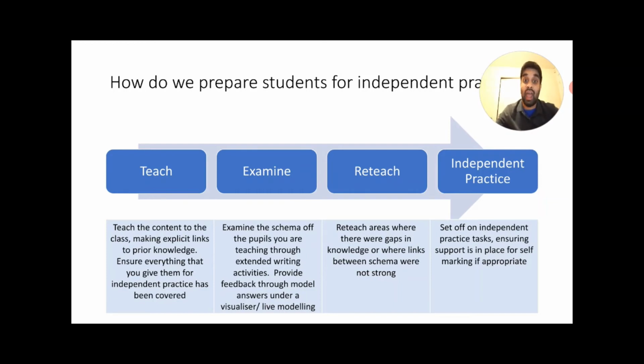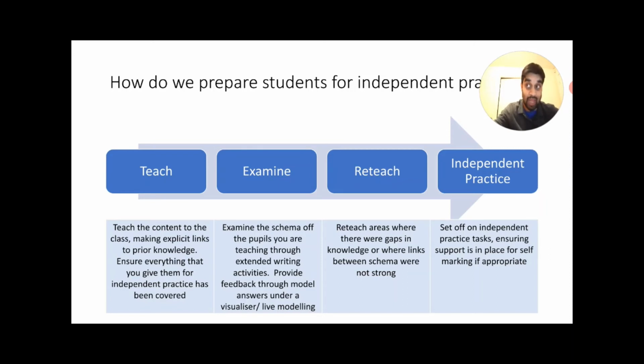I ensure that everything that I've given them for independent practice has been covered. So I try to make sure that anything that they're going to be doing for independent practice I've covered during that teach time. And if it's something that they're going to have to recall from, say, a year or so ago, I'll make sure that I mention that specifically while I'm teaching that unit of knowledge, that chunk, that part of the scheme of work or scheme of learning.